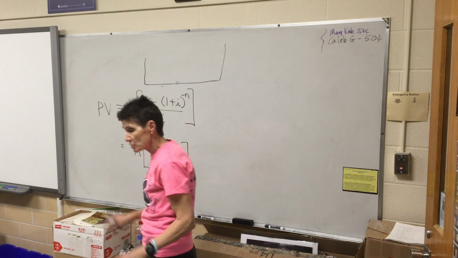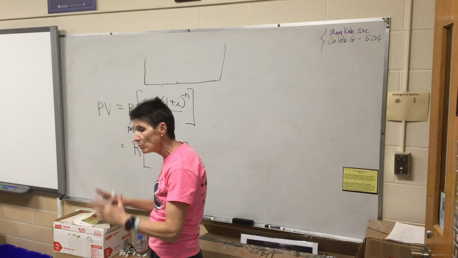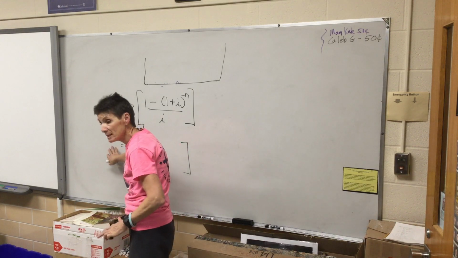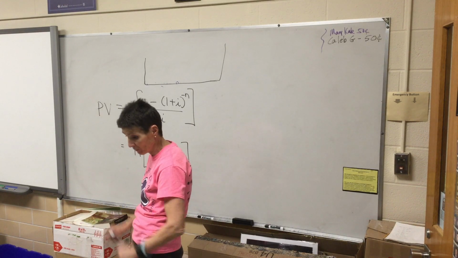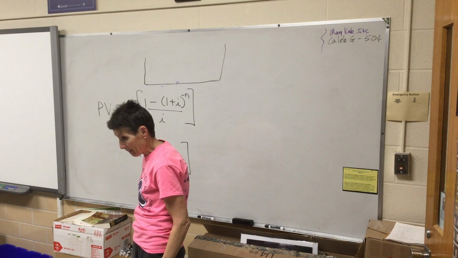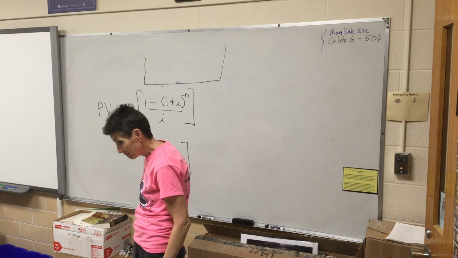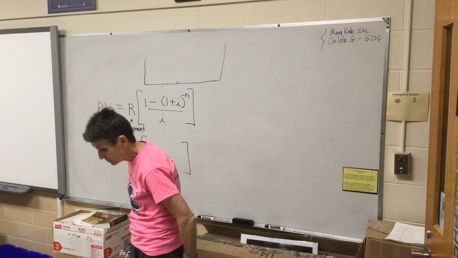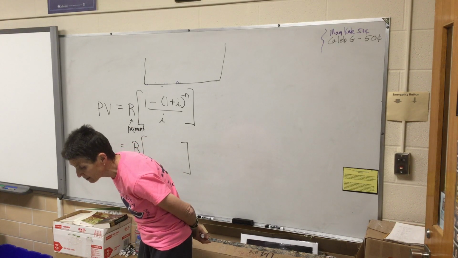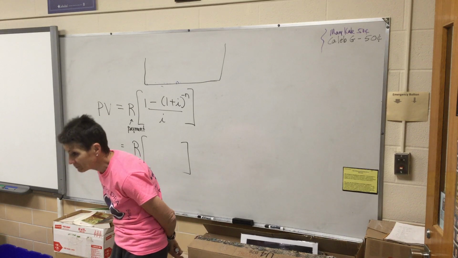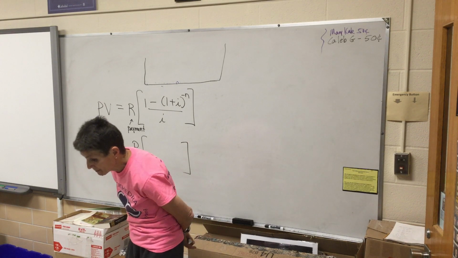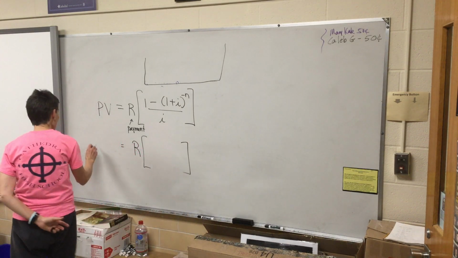PV is the present value of the loan. So what am I going to put in for PV? No, his loan isn't 2,000. How much money did he have to borrow? He actually borrowed 16,500.